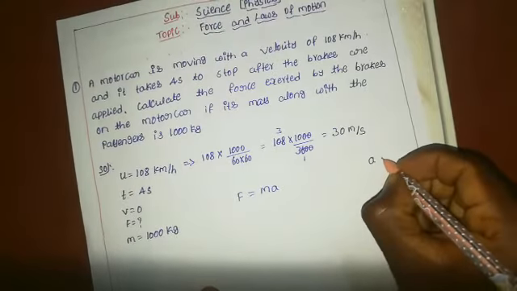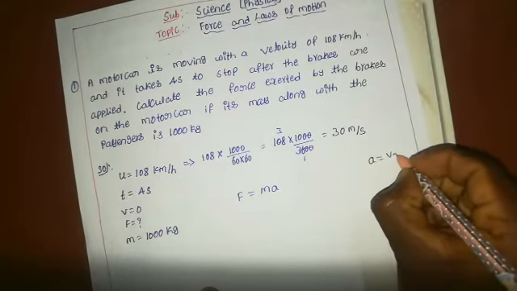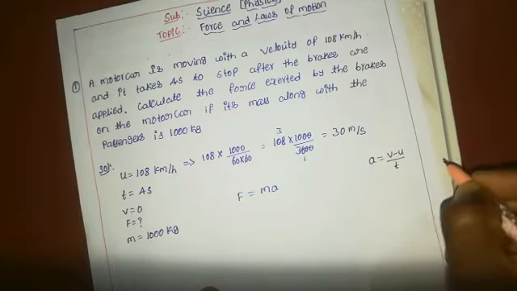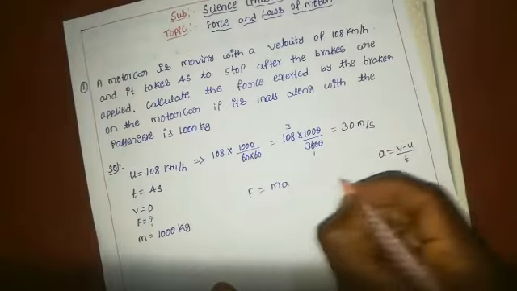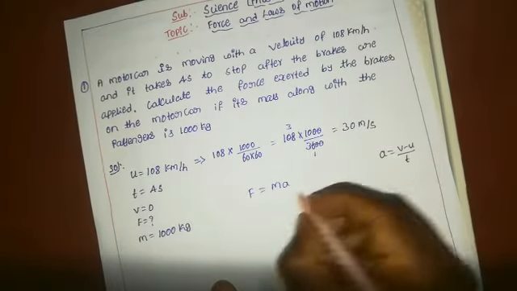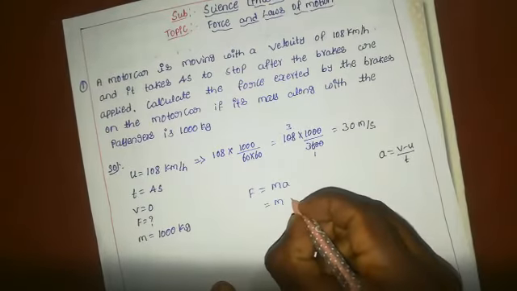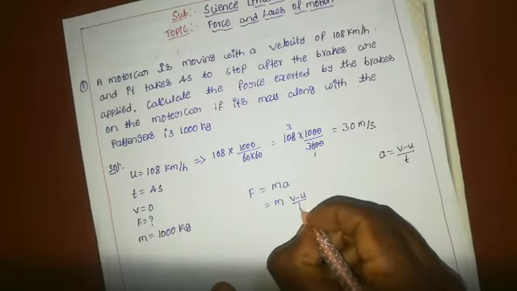Now we know the expression for the acceleration. Acceleration is the change in velocity with respect to time. So instead of a we write (v minus u) divided by t, that is F = m into (v minus u) divided by t.